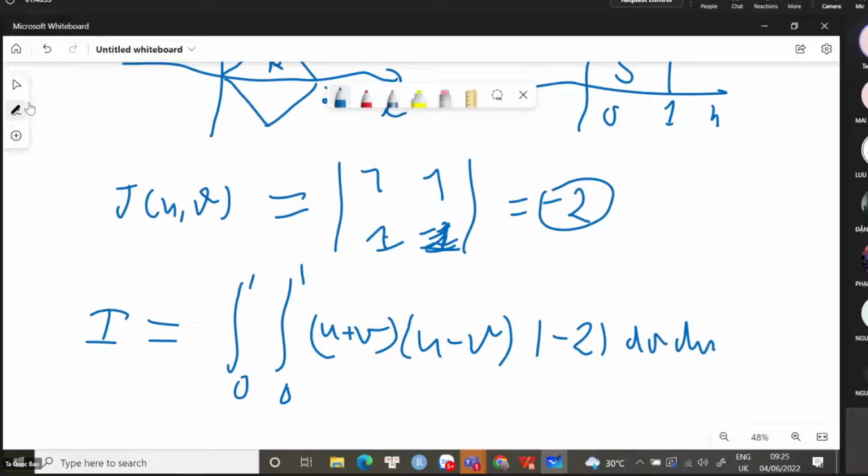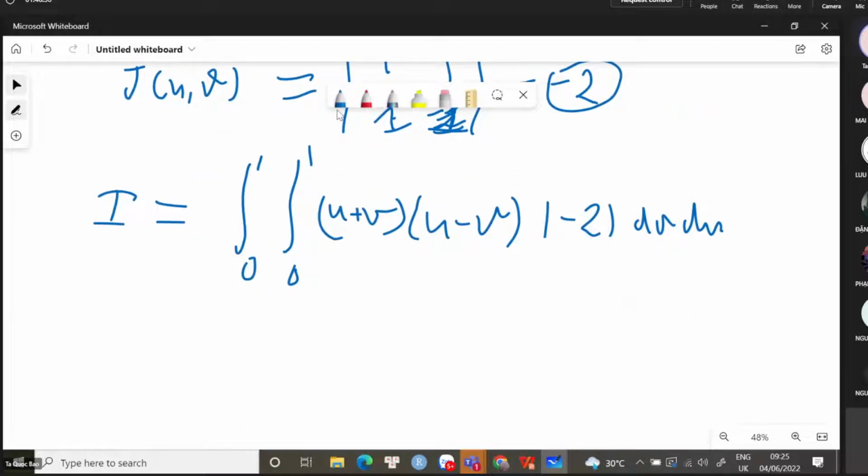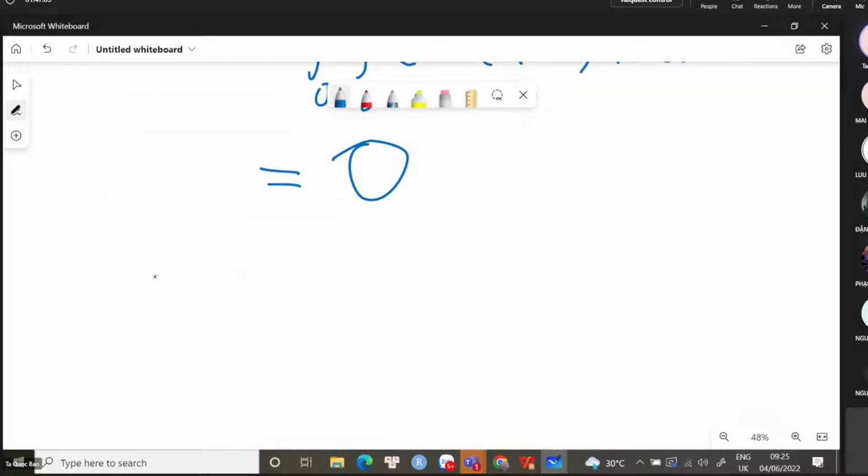Okay, so from here it is very easy to calculate this integral, and you get 0. Okay, so that was question A.